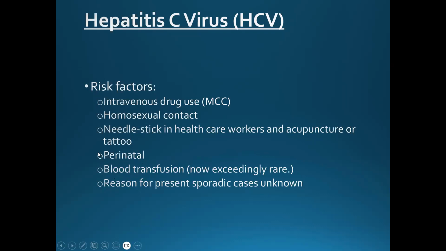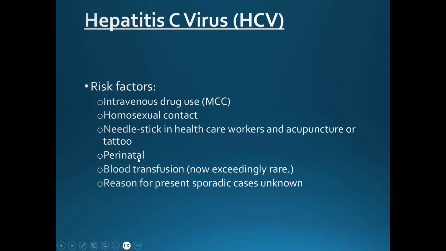Now, another point about perinatal transmission. Perinatal transmission is very big with hepatitis B in Southeast Asia. As a result, a lot of the babies, unfortunately, who go on to develop hepatitis B from transmission of the virus during pregnancy or during delivery, you will see that they are going to develop hepatocellular carcinoma at a much younger age.